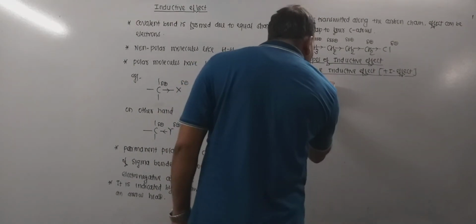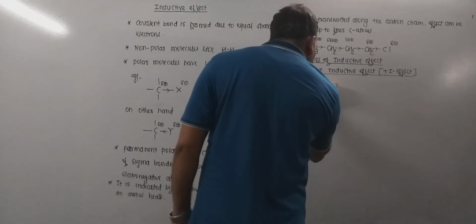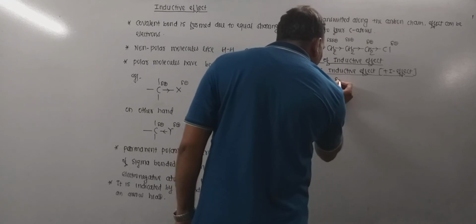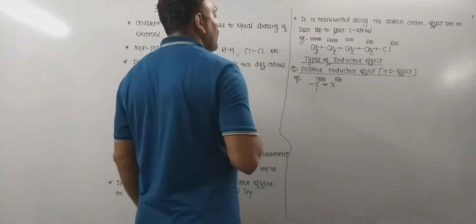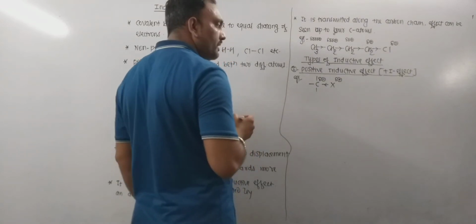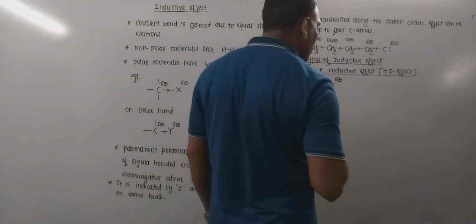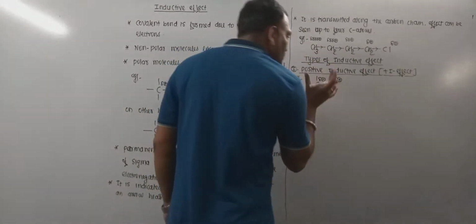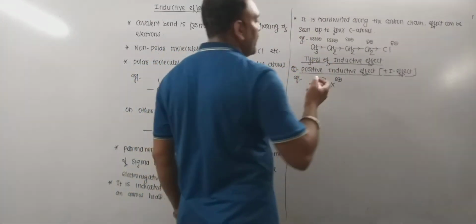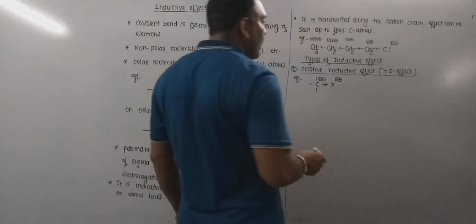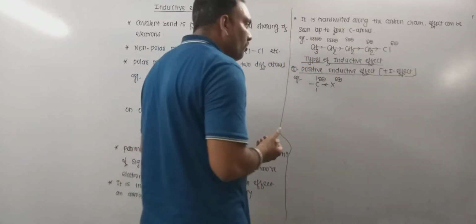Due to which carbon prefers to acquire partial negative charge, and this group attached to that carbon acquires partial positive charge. So such type of inductive effect where the electron pair gets attracted by carbon is known as what?